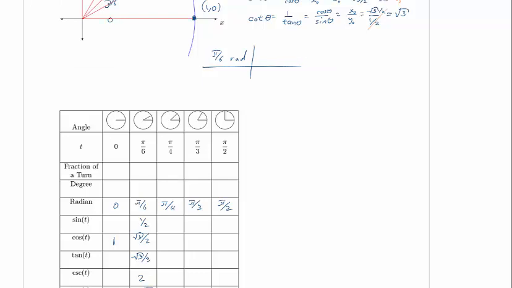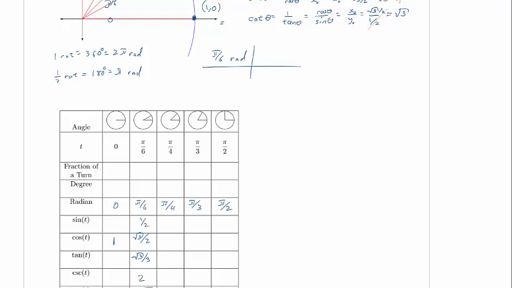So what we're going to use is, one rotation is the same as 360 degrees, which is the same as 2 pi radians, and we're going to divide everything in here by half. So 1/2 a rotation is the same as 180 degrees, which is the same as pi radians.